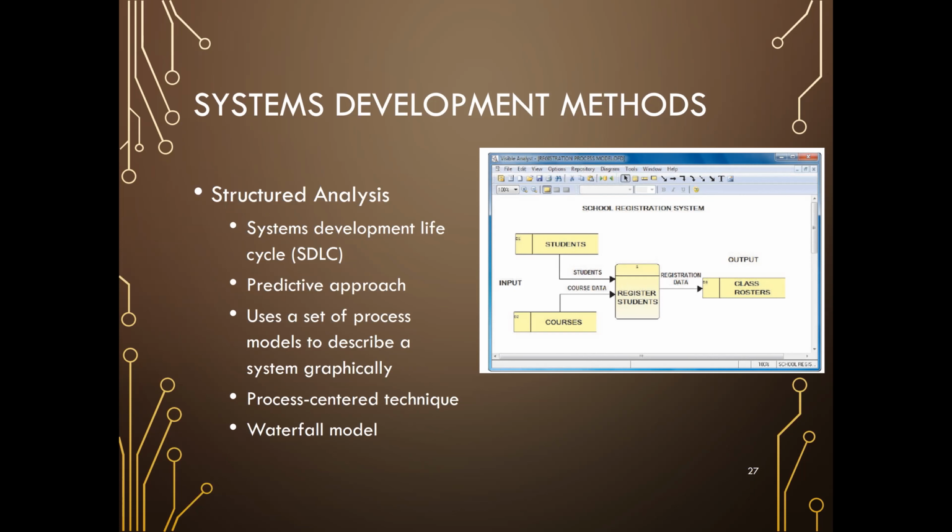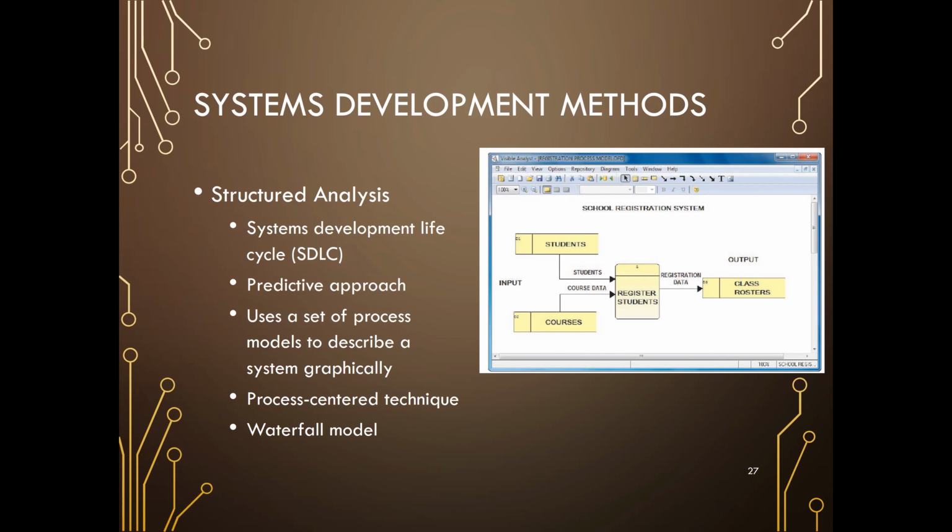We have to use a set of process models to describe a system graphically. For example, if you have a look at this diagram, this diagram is a data flow diagram.